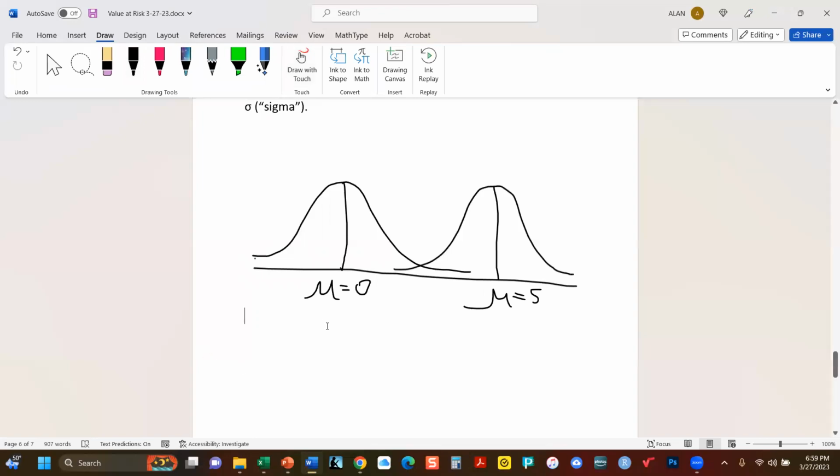Let's say it's 1. So basically what this is showing you is that the two curves have a different location, but the same spread. Their shape is exactly the same. If these are two stocks, for example, they have the same risk.